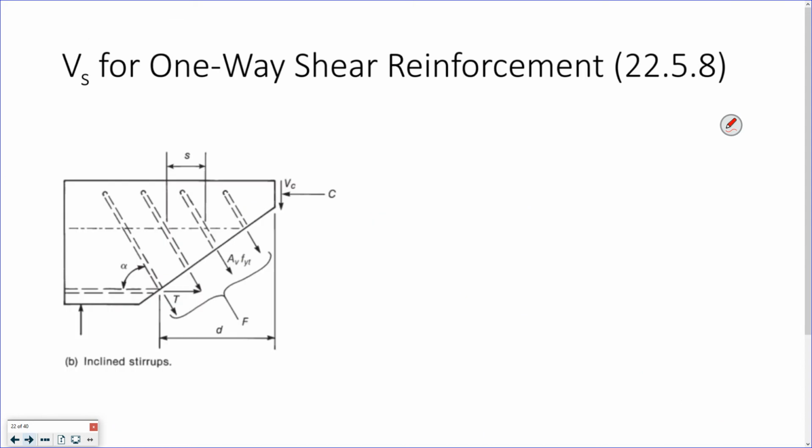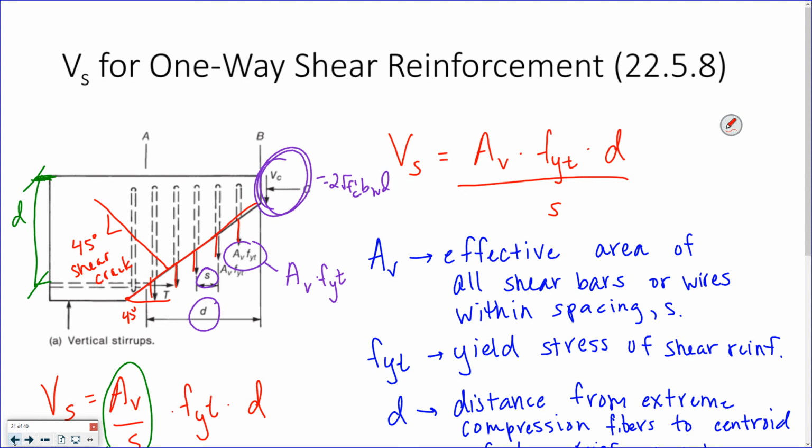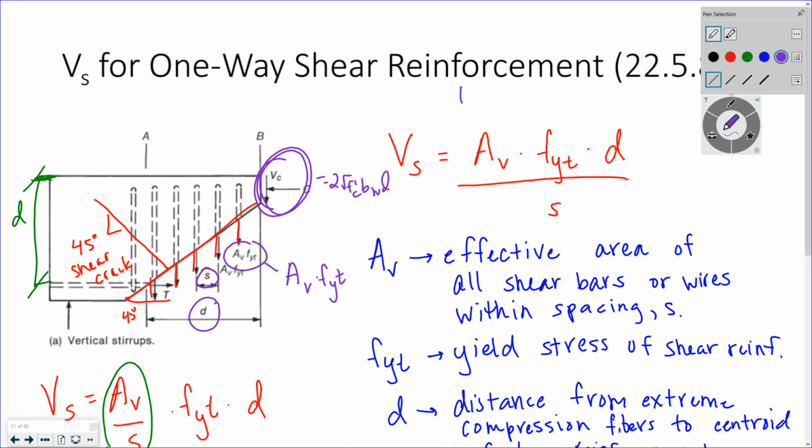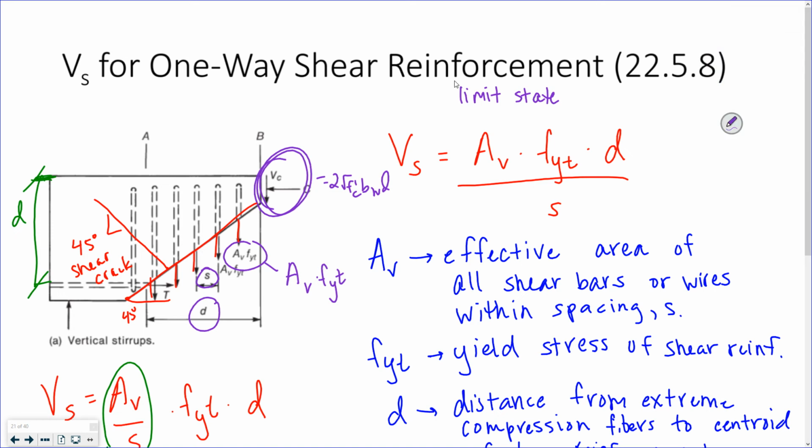The limit state that they use for shear is limit state of yielding of shear reinforcement. That's why we use the yield stress.